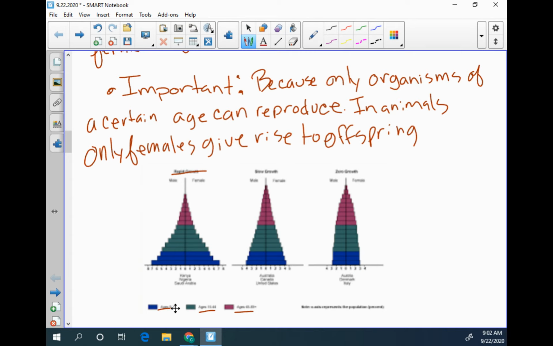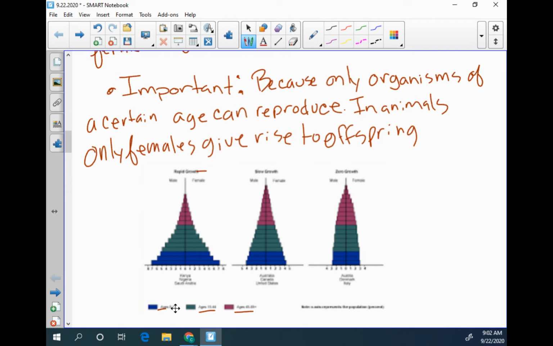That is because as the generations are being born, those newer generations are always bigger than the current population. So if this trend were to continue and this were to move up, it would just keep getting bigger and bigger, which means the next generation is going to be bigger and bigger.